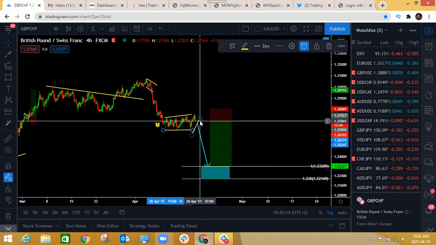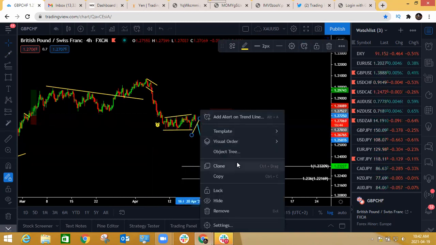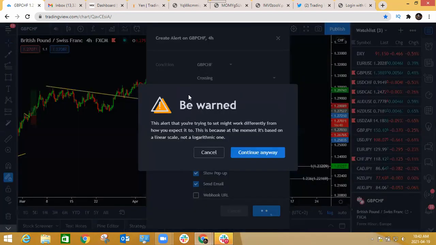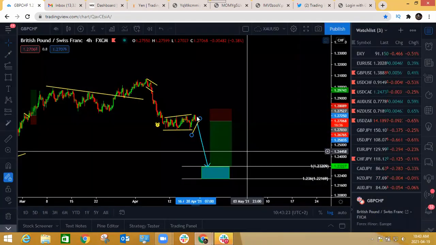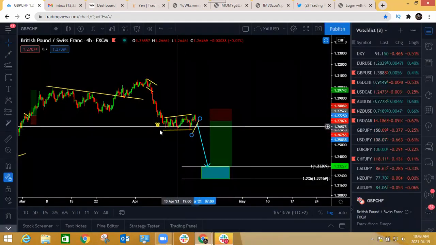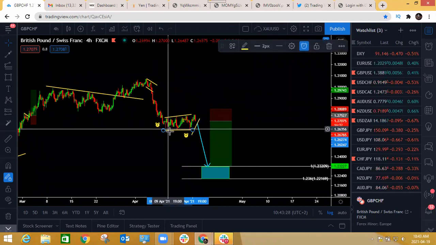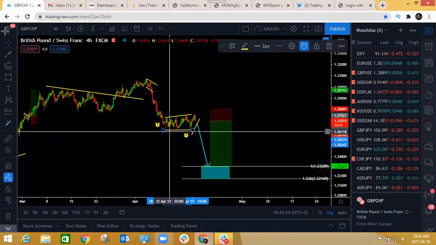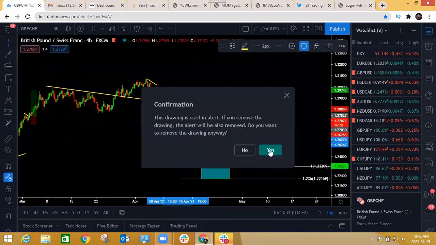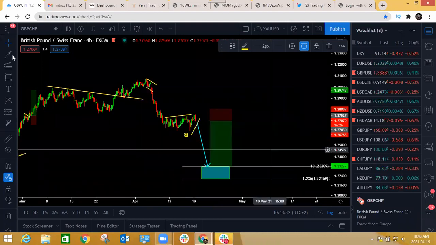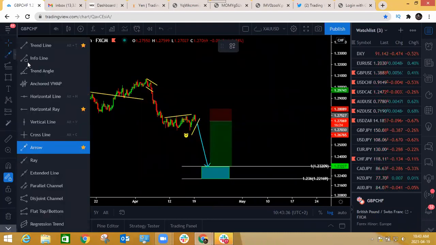So I'm putting my flag a little bit further, and I'm going to put an alert on that line, so that when it gets to this level, it would already be breaking out. So we'll take this one off. That was the previous alert. This is how we're managing pound chief.